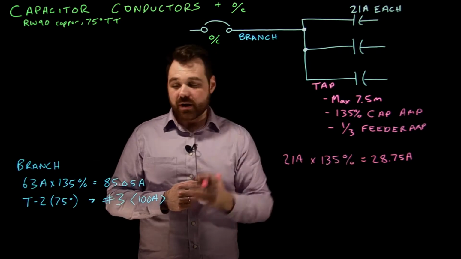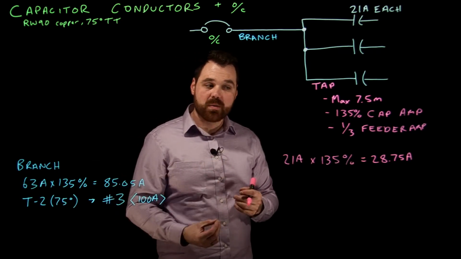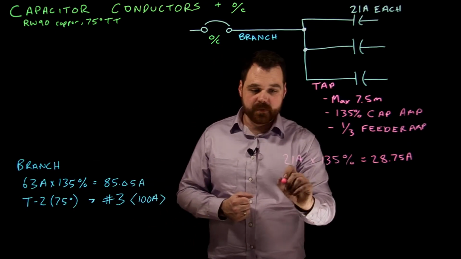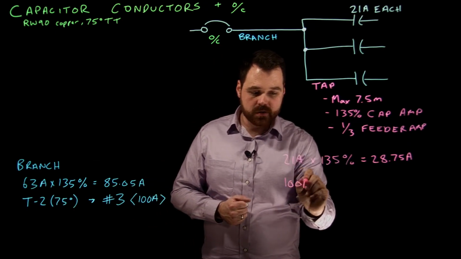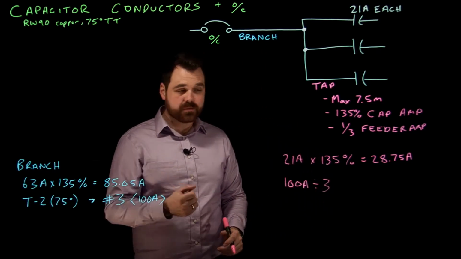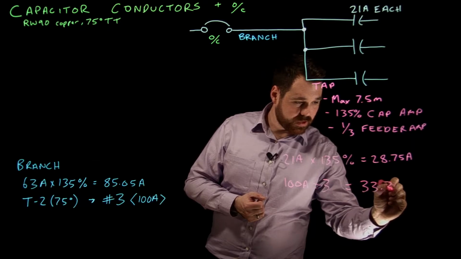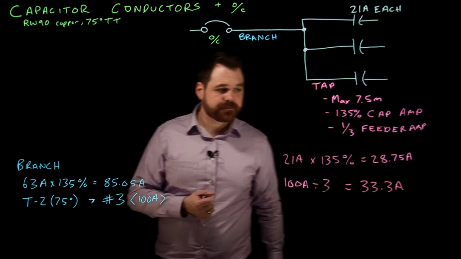Our branch circuit we determined was good for 100 amps. That's the allowable ampacity of that conductor. So we take our 100 amps divided by 3, because we have to be at least 1/3, which gives us 33.3 amps.